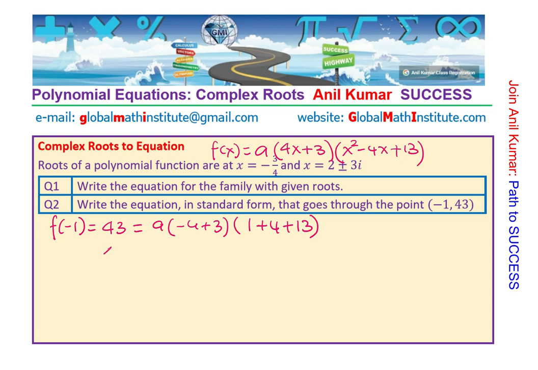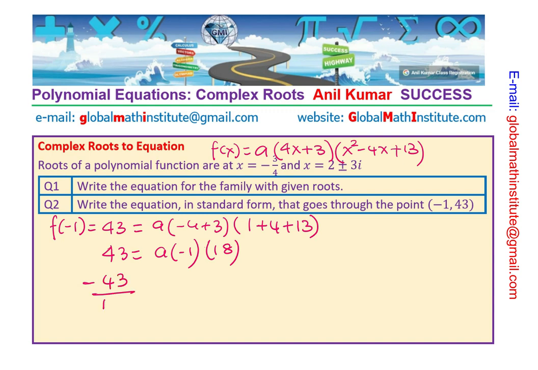So that gives you 43 equals a times minus 1, that is minus a, times 18, since when you add these you have 5 plus 13 as 18. So we have minus 43 over 18 as the value of a, correct? So the value of a is minus 43 over 18.